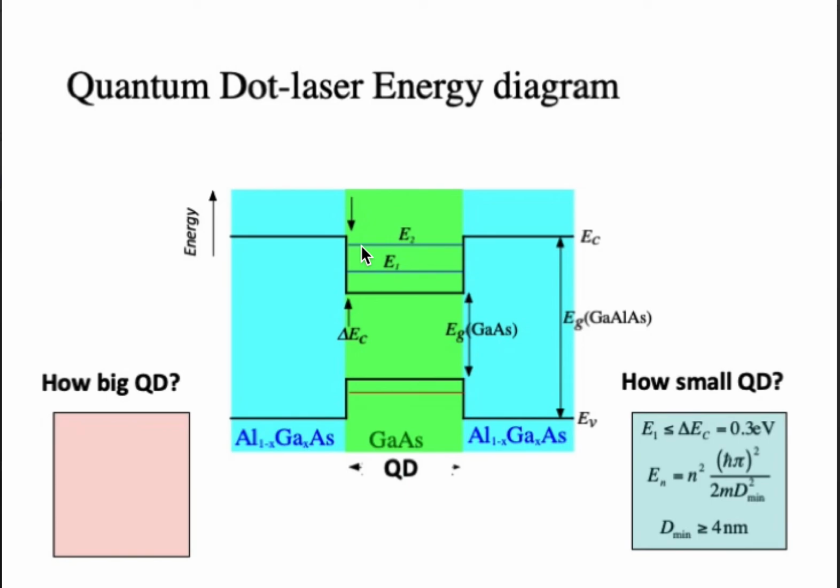What would that lower limit be? Again, you may stop and think. I say we have to make the difference larger than kT. Then again, we use the particle in a box expression. We get that the quantum dot should be less than 12 nanometers.